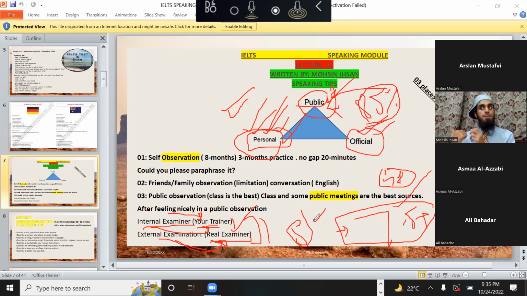you are supposed to make this person, the examiner, interested with your way of expression, like with your intonation, rising up, lowering down. Intonation means when you speak in a way that is similar to English people, similar to how they speak, and this is very amazing.